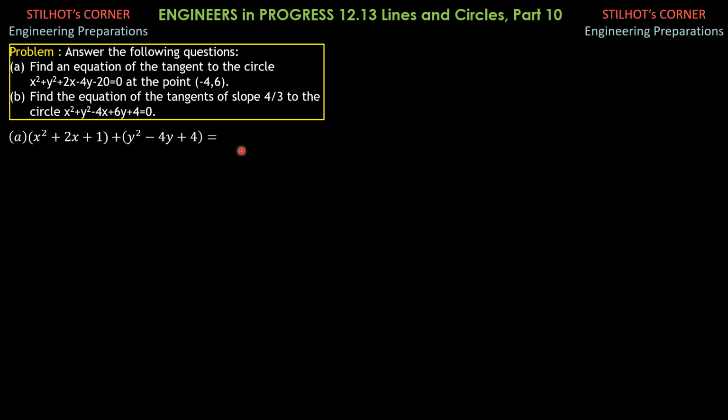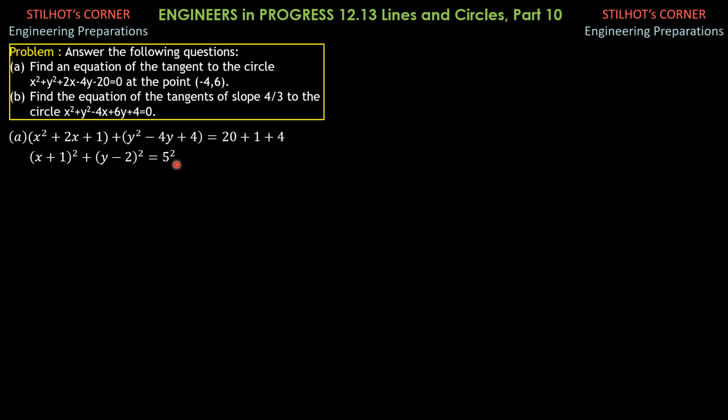Transpose -20 to the right, then we add 1 and 4. So this is (x plus 1) squared plus (y minus 2) squared equals 25, and 25 is 5 squared. So the center is indeed at (-1, 2), and the radius is 5.